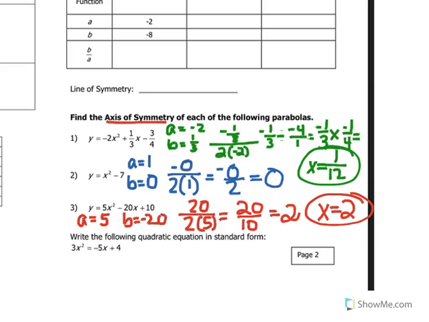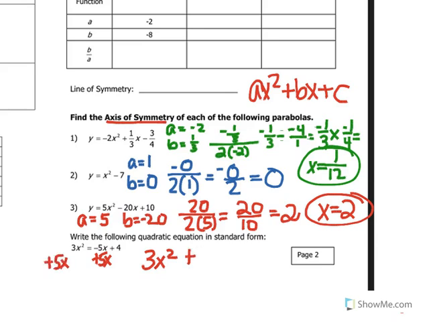Now, at the bottom it says write the following quadratic equation in standard form. So remember, standard form is ax squared plus bx plus c. So we want to have a, b, and c all on the same side. So what we're going to do is subtract, well, we could do it a couple ways. How about we leave the 3x squared, and it's positive, and add 5x.